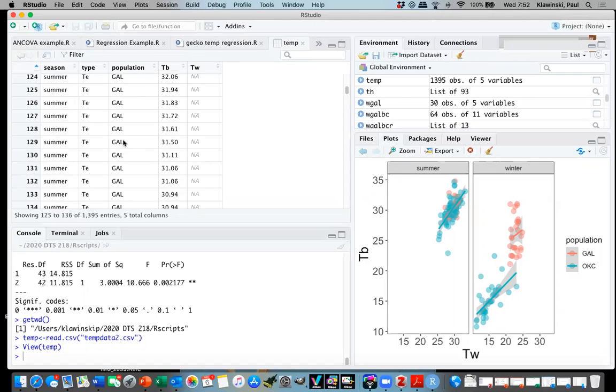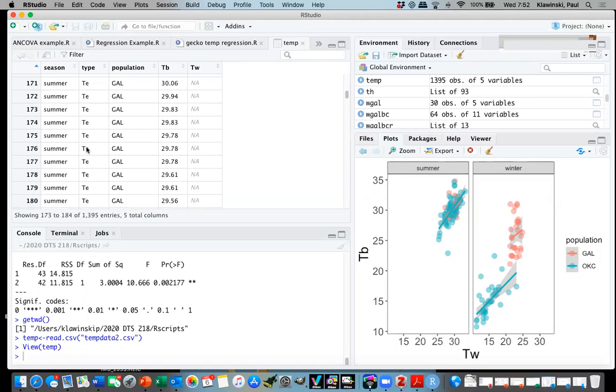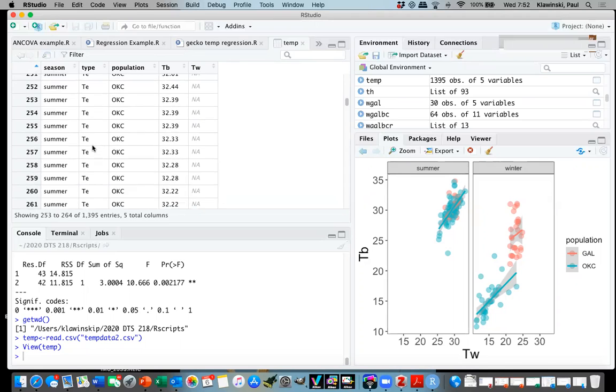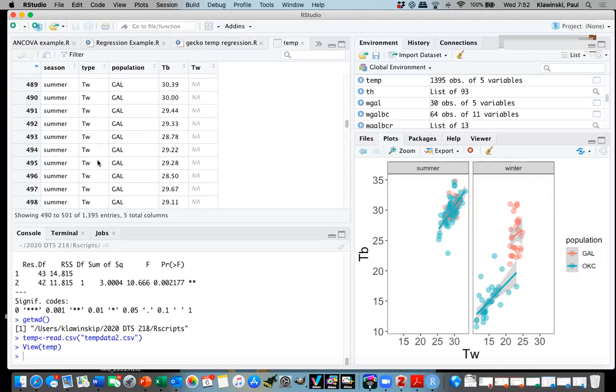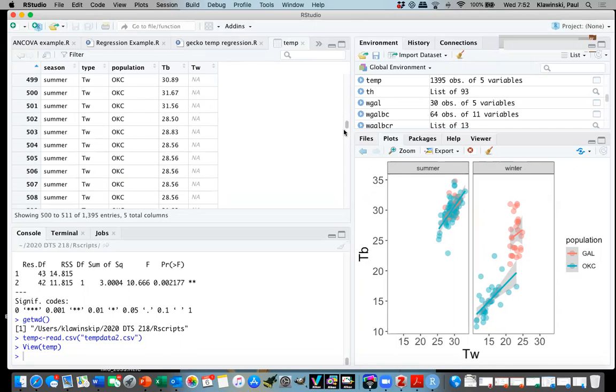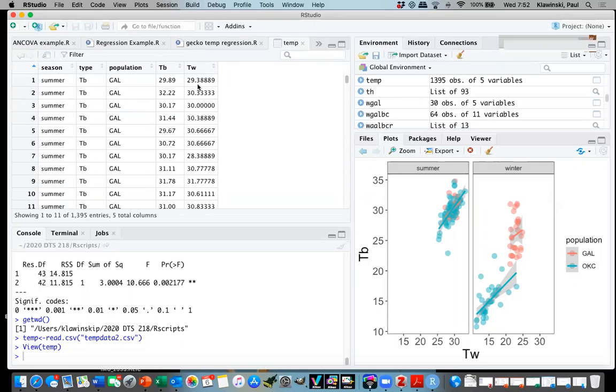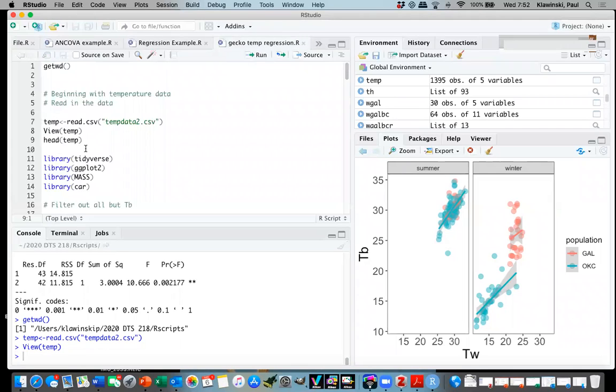You recall that it also has tons of environmental temperatures, because I took random samples of the environment, and then wall temperatures. But I've taken these wall temperatures and just recreated them in a separate column there. So the first thing you have to do is get rid of all of those other temperatures.